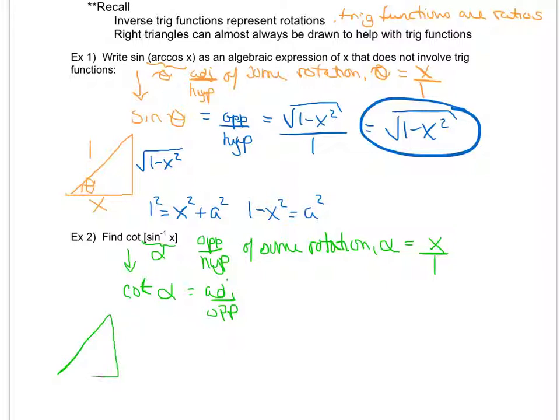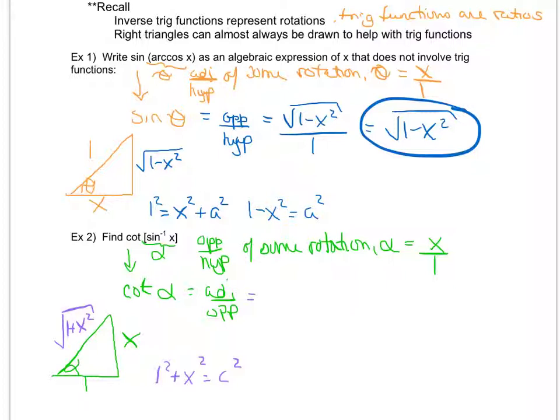So here's my triangle, here's my unknown alpha that has an opposite of x and an adjacent of 1. I can fill the rest in using Pythagorean's theorem. So 1 squared plus x squared equals some c squared, which means c equals the square root of 1 plus x squared. And now I have an adjacent.